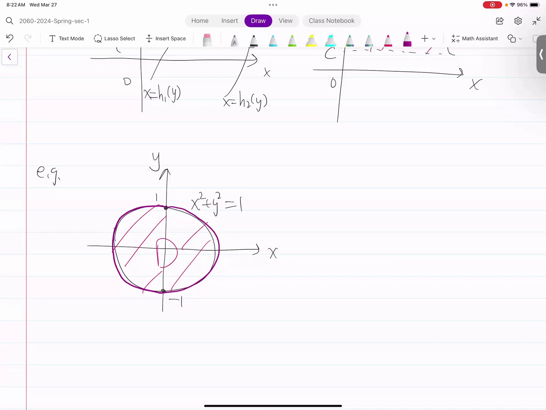So for a horizontal bar that's covering a piece of this disk, you want to know what the left endpoint x value is and what the right endpoint x value is. So here you're solving for x. Now to solve for x, we know that x must be positive or negative, so I can make the negative root the boundary of the left-hand side.